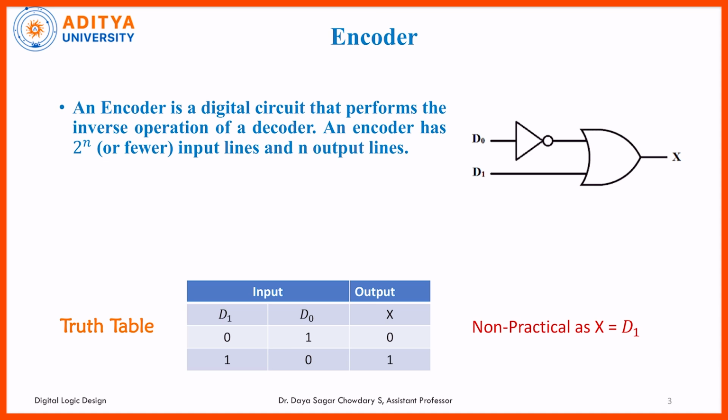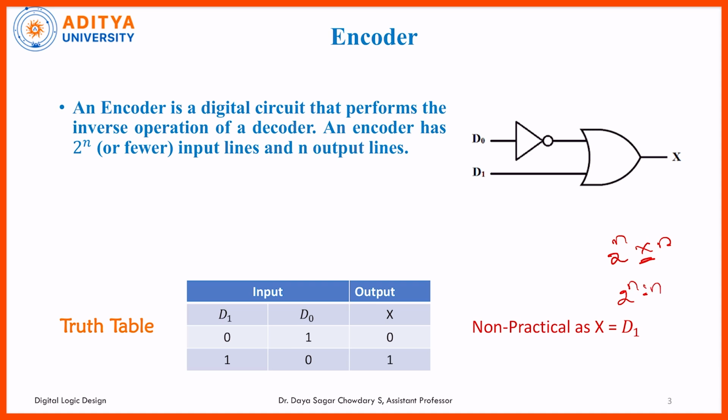An encoder is described by the equation 2 to the power of n into n, or 2 to the power of n is to n.